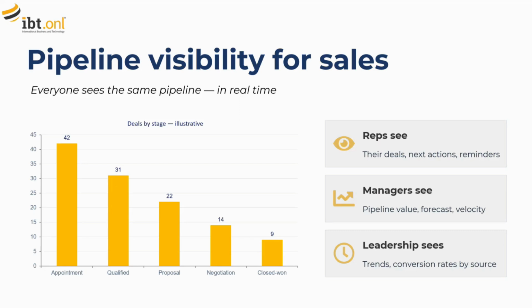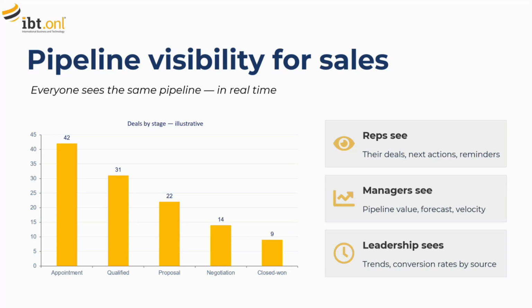So just wanted to put it out here as well, just a little bit of data on visibility. By having a shared system, and here we talk about a CRM like HubSpot that gives visibility to everyone, I think it's quite stark here, the decrease of the conversion rates from an appointment booked to a qualified lead to then a proposal that gets generated.